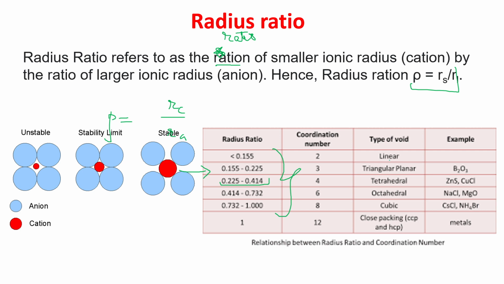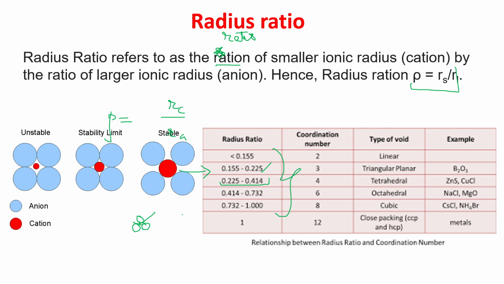So if voids are linear, that means the radius of the cation should be so small that the ratio comes out to be 0.155. If triangular planar molecules are present, and a cation has to come in this triangular planar void, there the cation should be so small that the radius ratio comes in between 0.155 and 0.225.